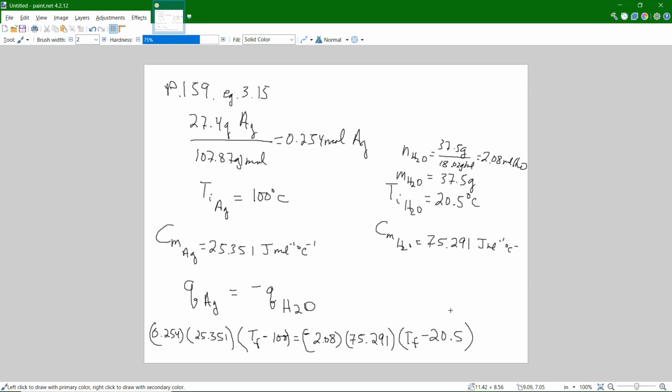Okay, so now we've got to solve for T final. So I'm going to multiply these together. I'm going to need a new page, aren't I?